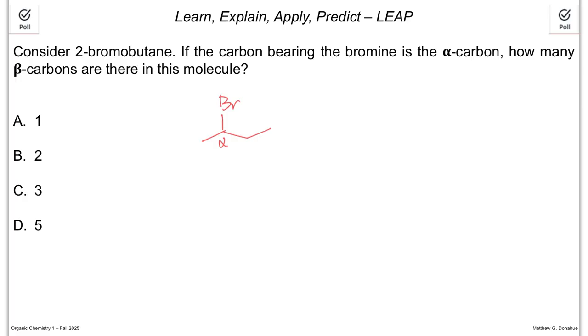So how many beta carbons? So we're going to get 2. And we probably want to differentiate them, so beta and beta prime.